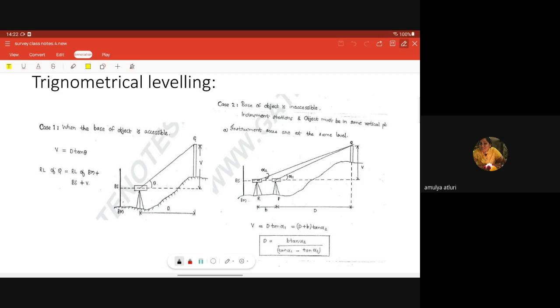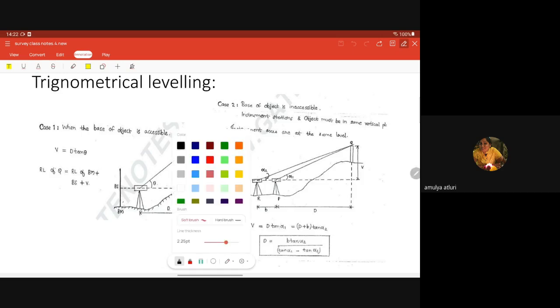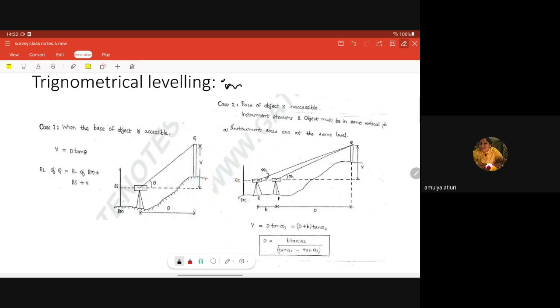It is an indirect leveling in which heights and distances are calculated by measuring vertical angles, right?